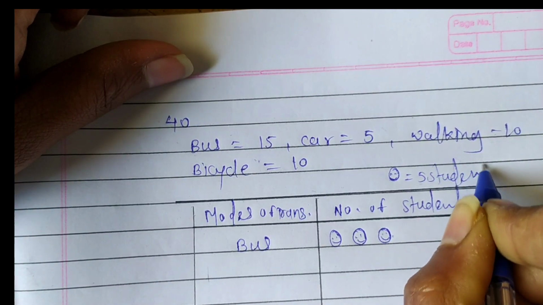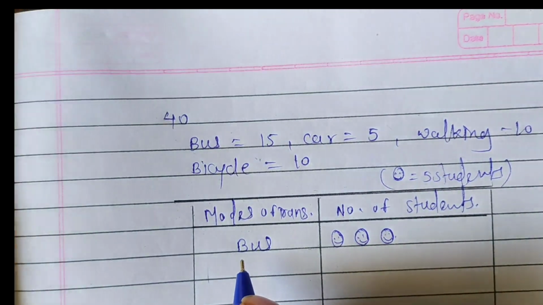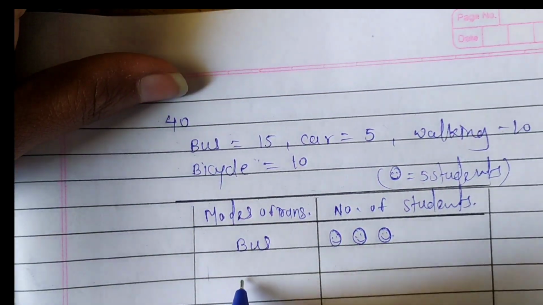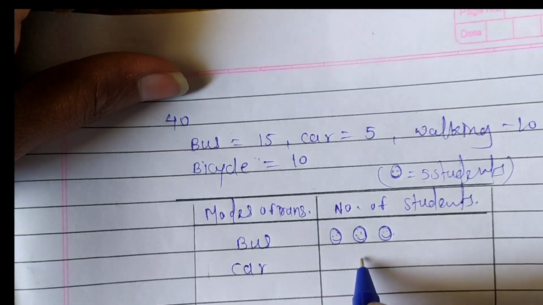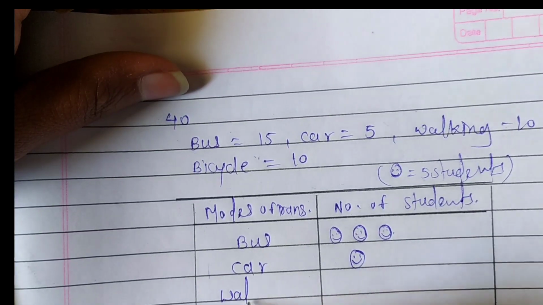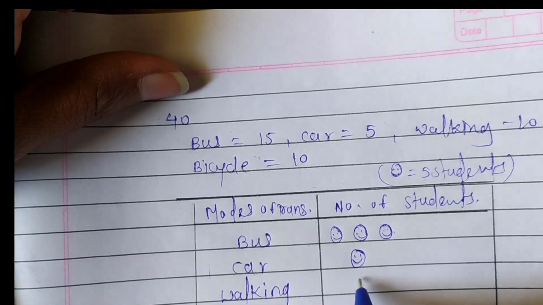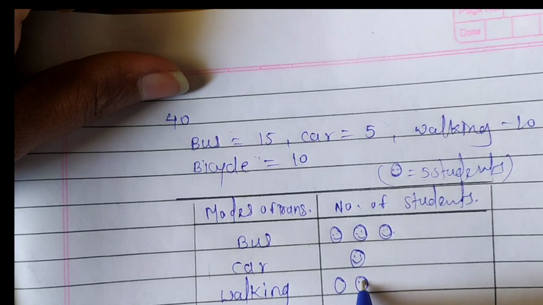This is the scale I take. By car, then the next mode is walking. 10 students are there.